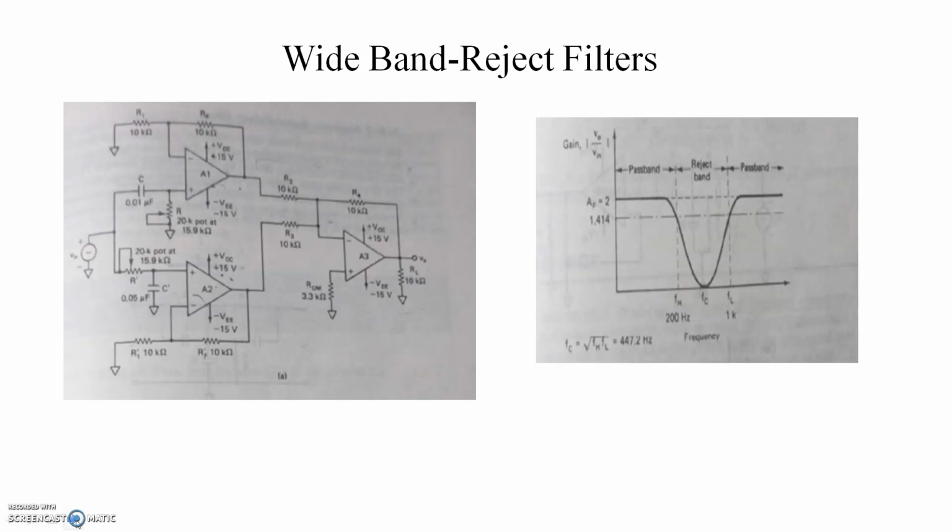In the wide band pass filter, we have taken FH greater than FL, but in this case, we have to take FH less than FL in order to assure that frequencies are eliminated within the frequency range FL minus FH.